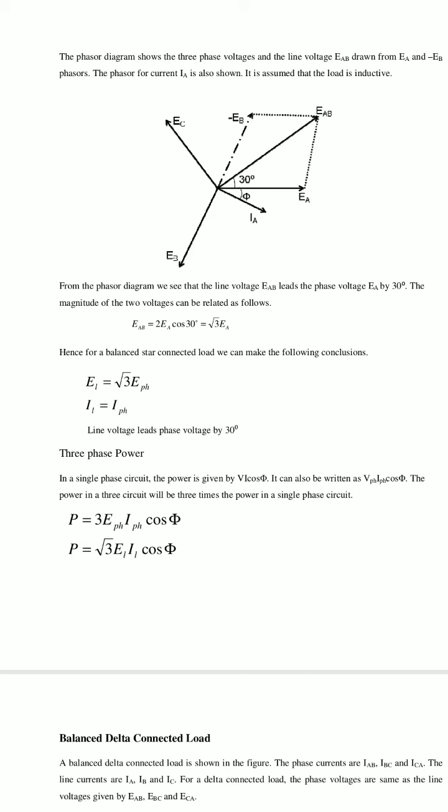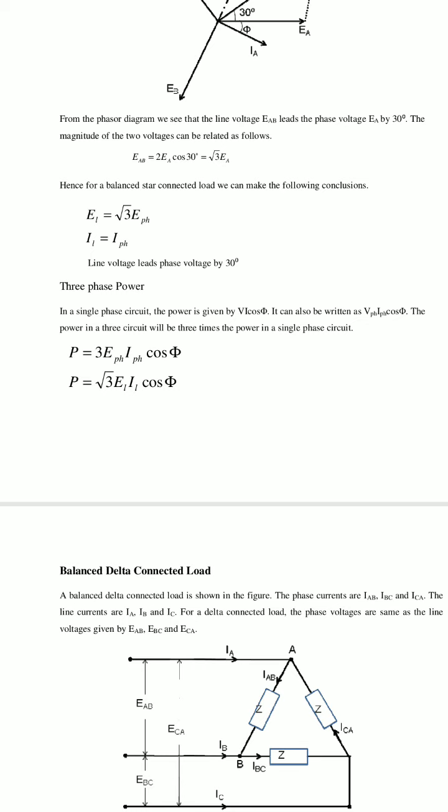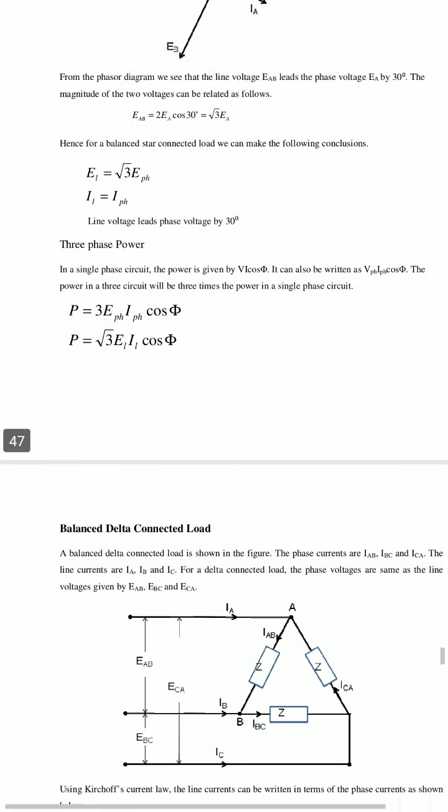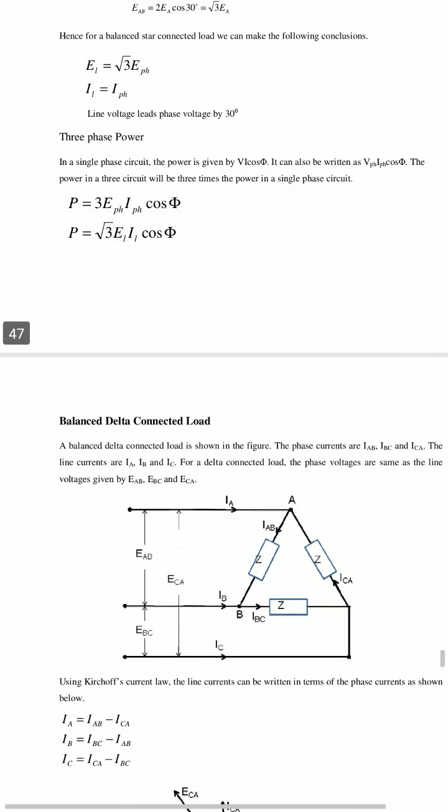So we can write IL is equal to I phase. So now the three phase power in the star connection is: power is equal to 3 E phase I phase cos phi. Now in terms of line quantities, the power is equal to root 3 EL IL cos phi.